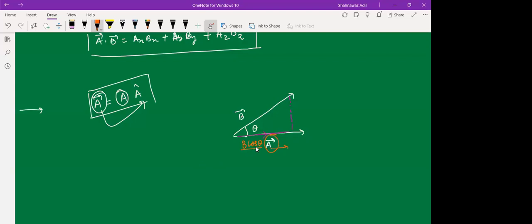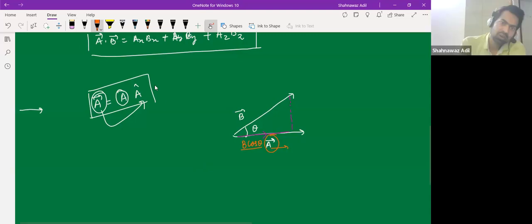Okay, so you have two vectors, this is the B vector and this is the A vector. The A vector has two components, the horizontal component and the vertical component.